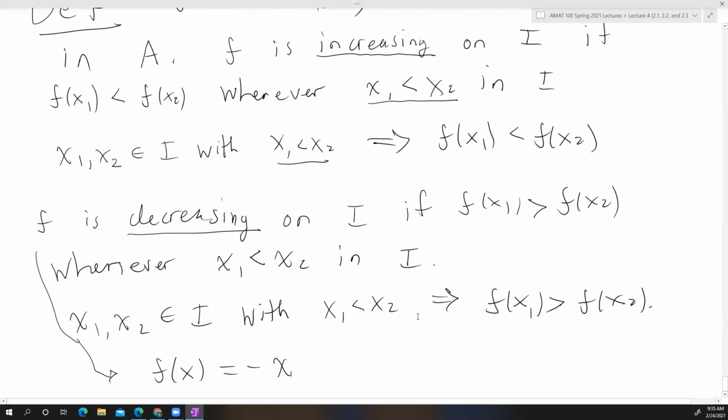And in this case, it's acting by multiplication by -1. So this right here is a very simple example, in fact, of a decreasing function. And it's decreasing on the entire real line. So I, in this case, would be all of R, the whole real line.